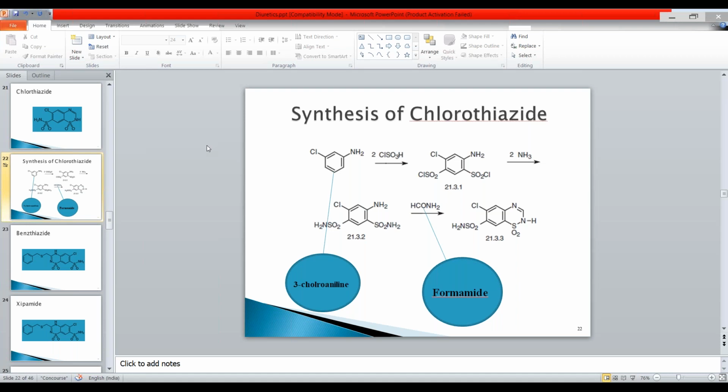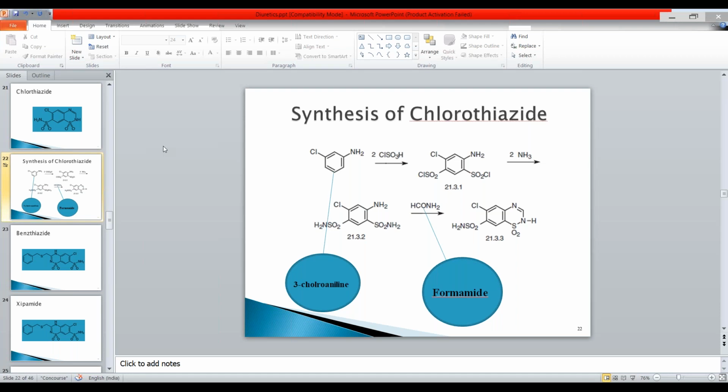Okay, fine. So with this, we have finished thiazide and thiazide-like diuretics, their SAR as well as their mechanism of action. We next move on to what are called loop diuretics, or they are also called high ceiling diuretics. And in fact, these are the safest and the most used diuretics, acting on the ascending loop of Henle.